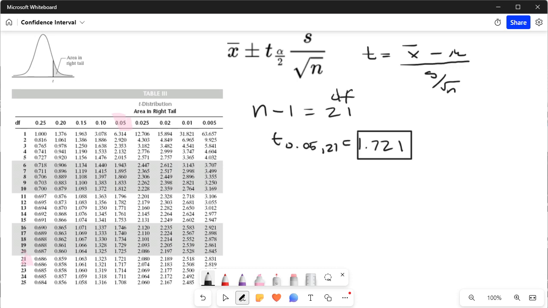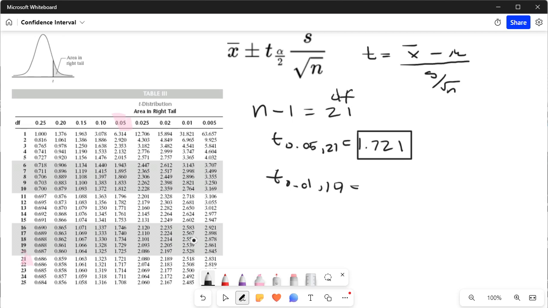Now, if we wanted another t distribution, such that alpha would be 0.01, and we write the degrees of freedom to be 14, it's the exact same thing.